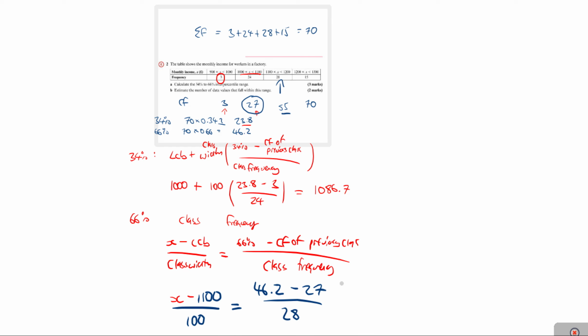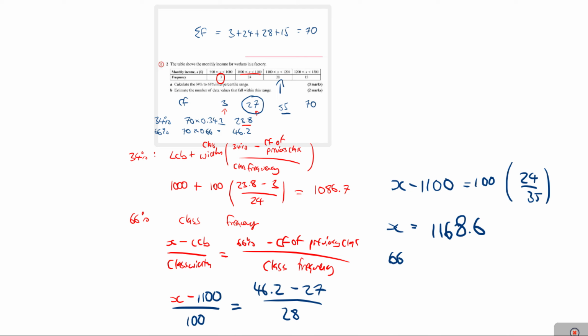From here we just solve, so it's going to be x minus 1100 is equal to 100, and then 46.2 minus 27 divided by 28 is 24 over 35, and then from here we just say x is equal to 24 times 35 times 100 plus 1100, which gives a value of 1168.6. So this gives you your 66th percentile.